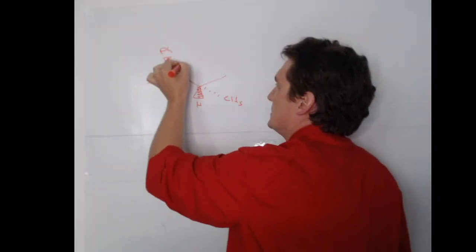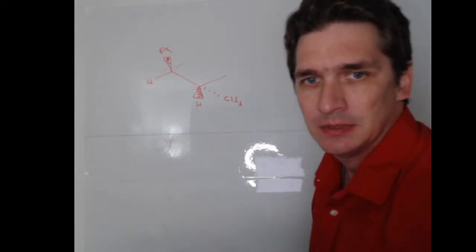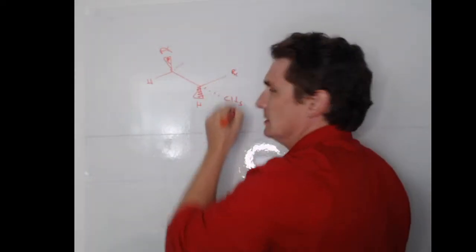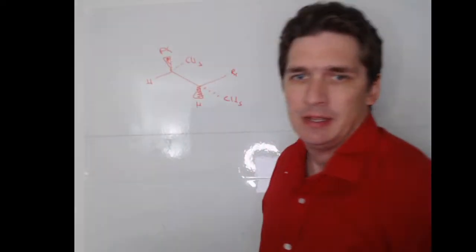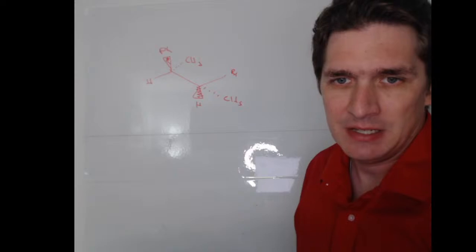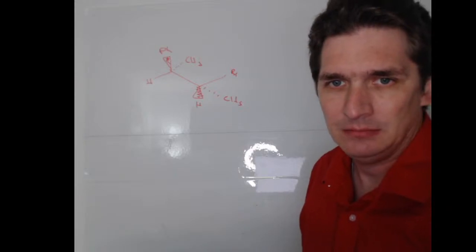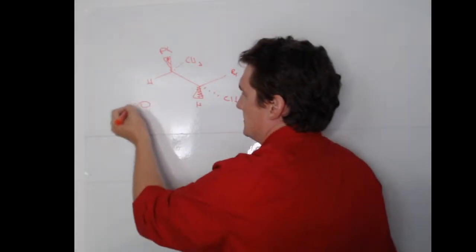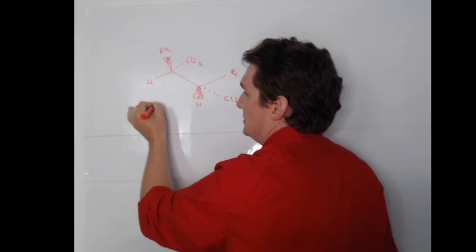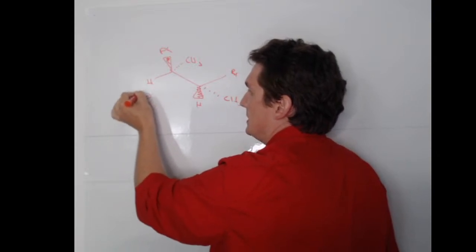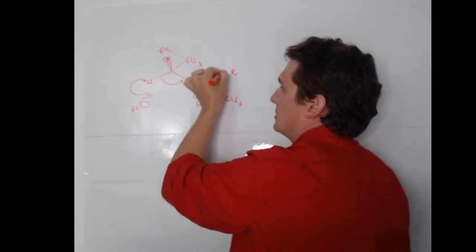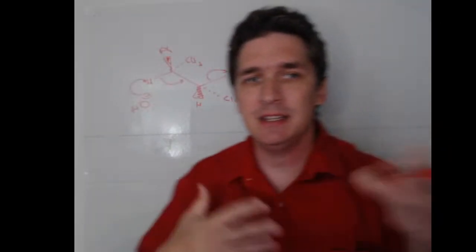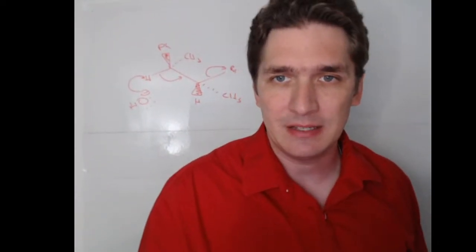It's basically just serving as a big bulky group. And it wants you to draw the mechanism to get to the alkene. So it's going to look a lot like the tert-butoxide. I really wish they wouldn't use hydroxide. So this is going to attack the hydrogen. The bond here is going to come up, and we're going to break the bromine. So same idea as before. It's just trying to get you to work through that mechanism.